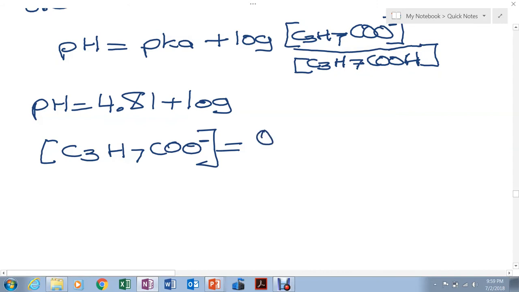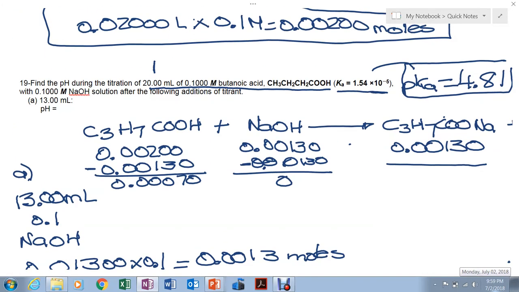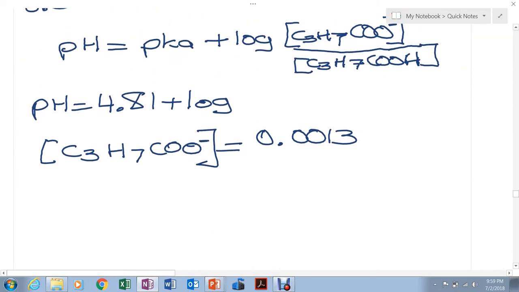So here is 0.0013 moles, and you divide it by the total volume that you have now, which is going to be the 20 initially.